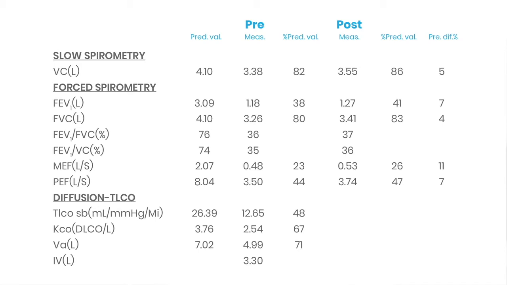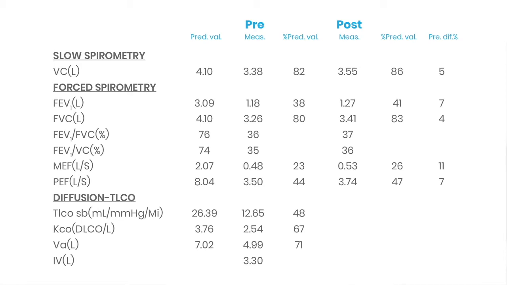So once again, the first number that we look at is the ratio of the FEV1 to FVC. Here we've got a predicted value in the first column, a pre-bronchodilator measured value in the second column, a percentage of predicted, and then our post-bronchodilator results after that.